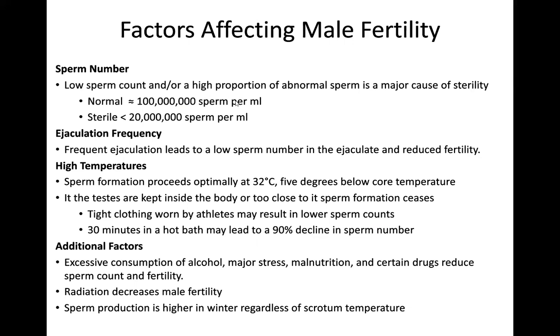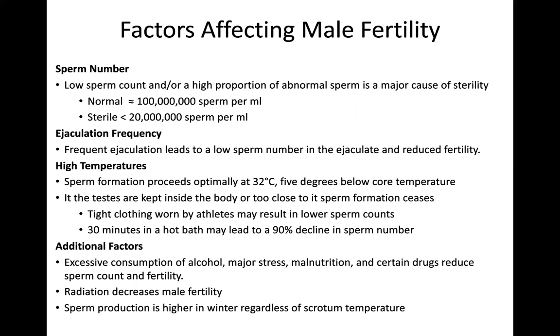Remember, men are going to ejaculate about 2.5 to 5 mils of sperm each time. Each of those mils should have about 100 million sperm. Okay, but if they have less than 20 million, they are considered to be sterile.